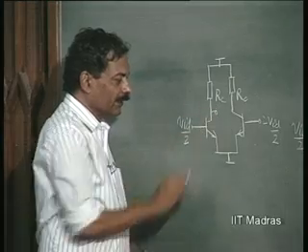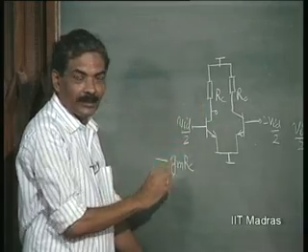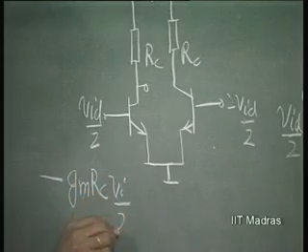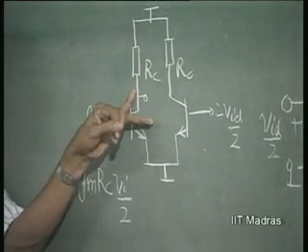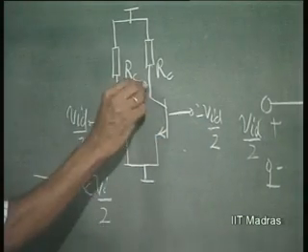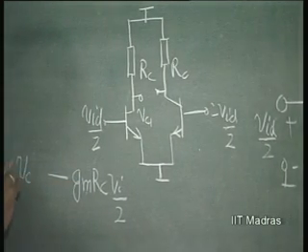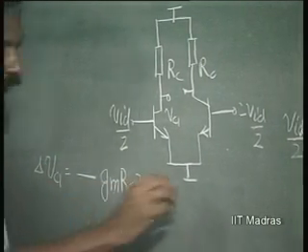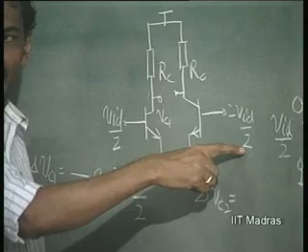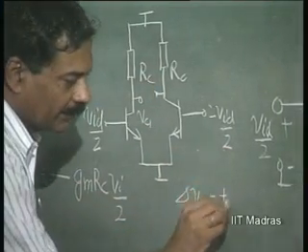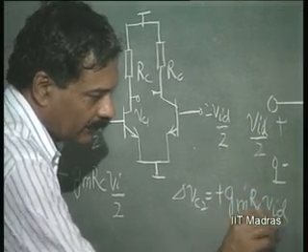We know that the output of this corresponds to minus GM into RC into VID by 2, with a phase shift of 180 degrees. And this is minus VID by 2. So this output, VC1, delta VC1 will correspond to this, and delta VC2 will correspond to VID by 2 into minus GM into RC, so plus GM into RC into VID by 2.